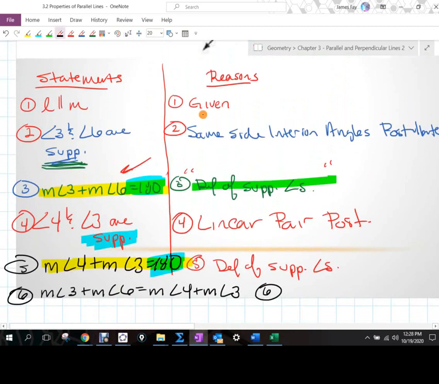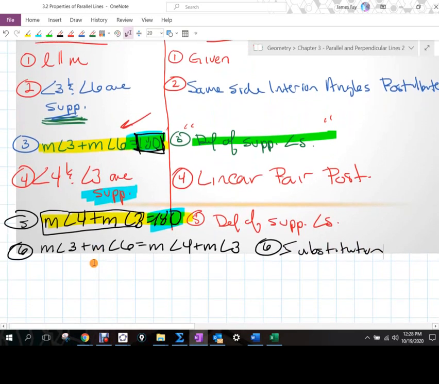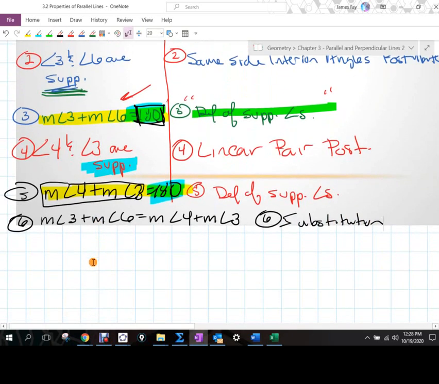And all we did there, if you think about this, line 6 looks just like line 3, but I replaced 180 with what I said it was equal to in line 5. So when you replace something with what it's equal to, that's called substitution. Now, this is a pattern.